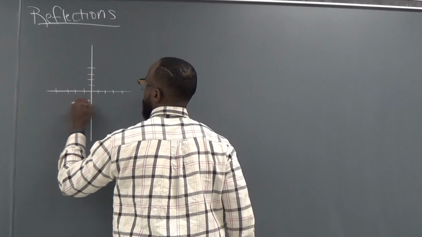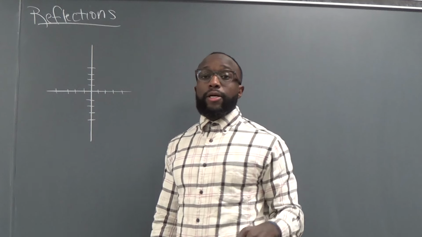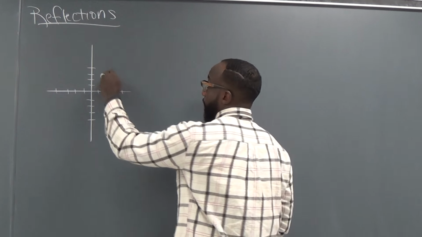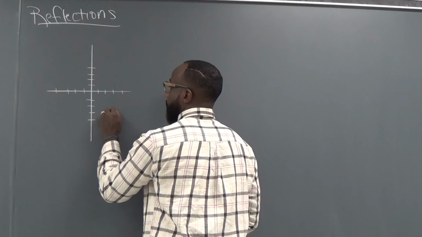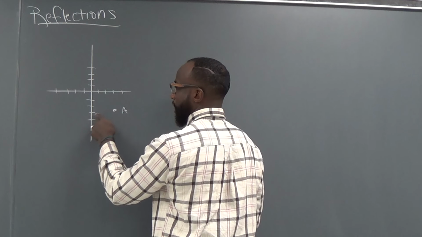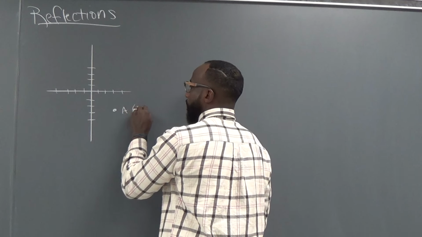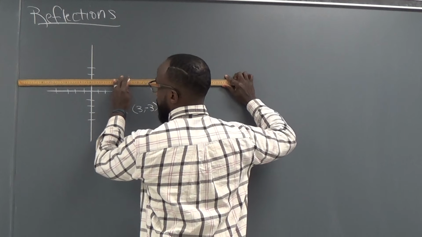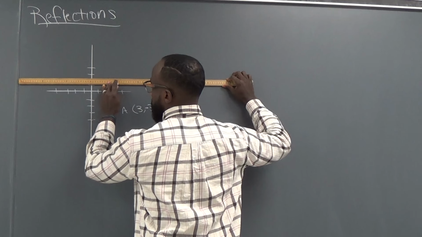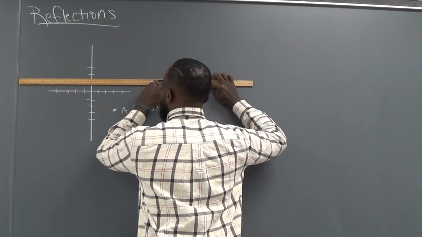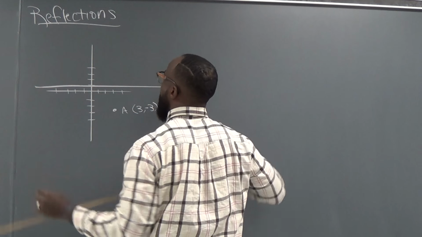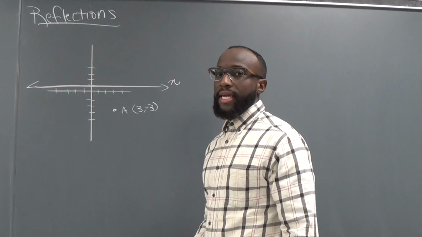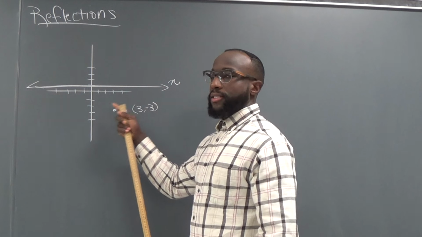We have a coordinate plane here, and let's say point A is located at 3, -3, and it is reflected along the y-axis at 1. This is line N. So point A is going to be reflected along y equals 1.